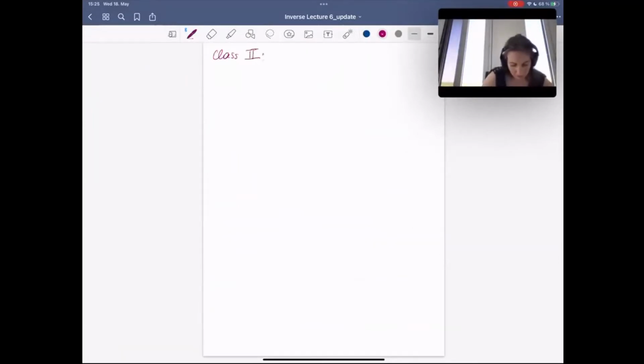Class 2, which is our least squares problem, where we have P equals M lower than N. What we have now is Vp equals V. For U, we have now Up and U0, because this set now is not empty.